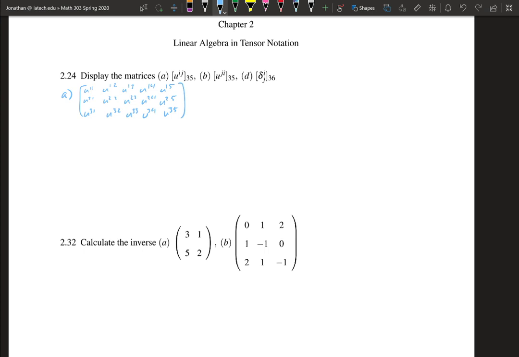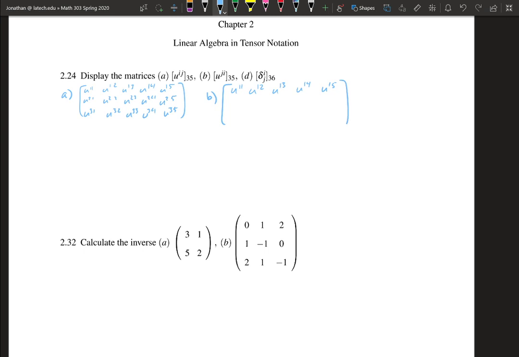Now, part B, both indices are up again. It's a 3x5 matrix, so it's basically going to be the same matrix. U11 up, U12 up, U13 up, U14 up, U15 up.